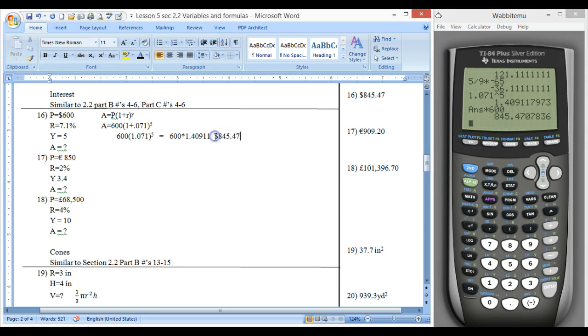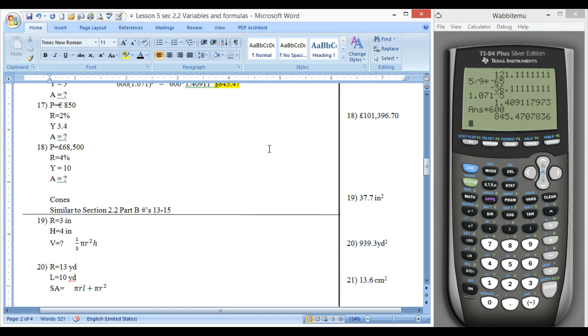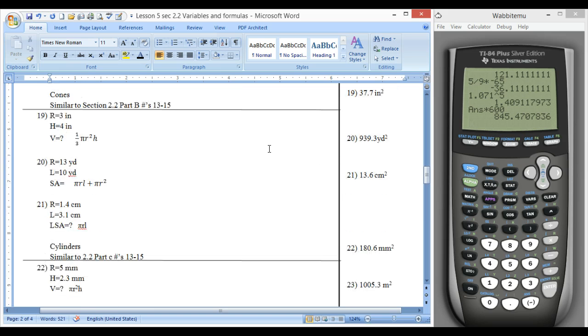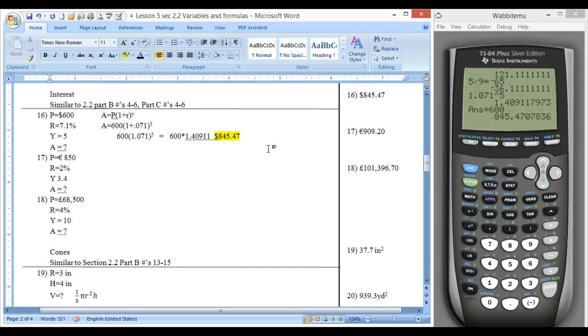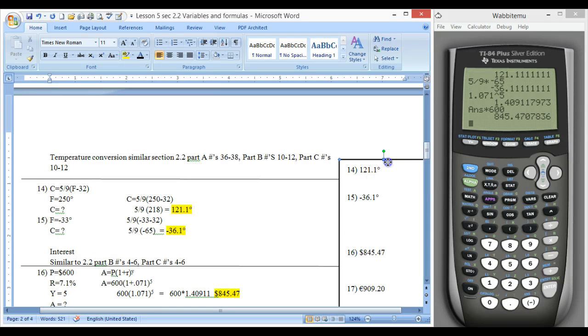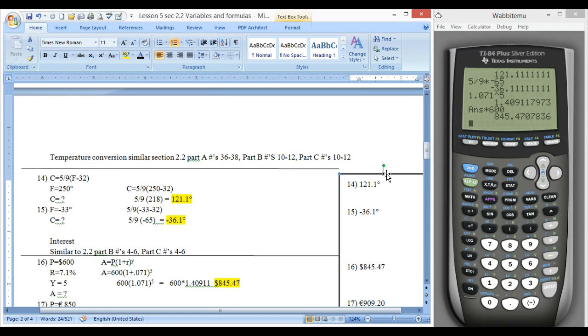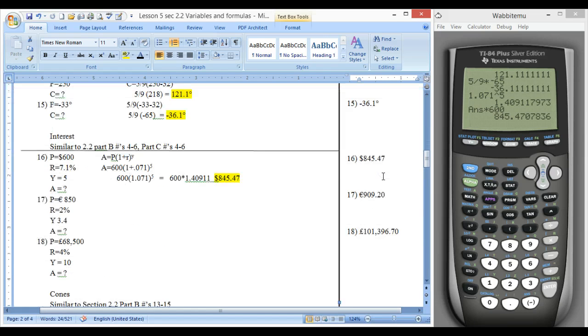So that was just kind of a nice way to double check myself anyway. There we go. $845.47. It looks like my numbers got off a little bit. I'm going to scoot this down so that they line up better.